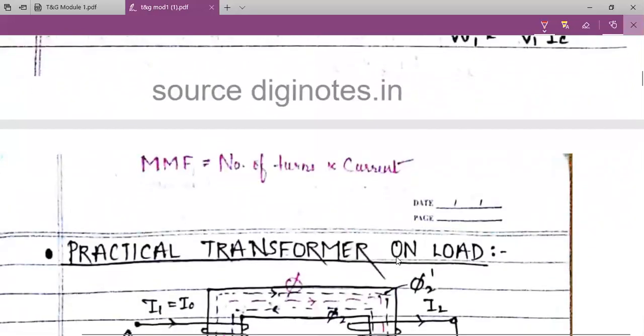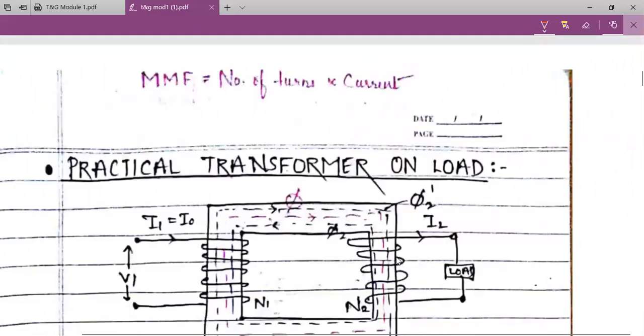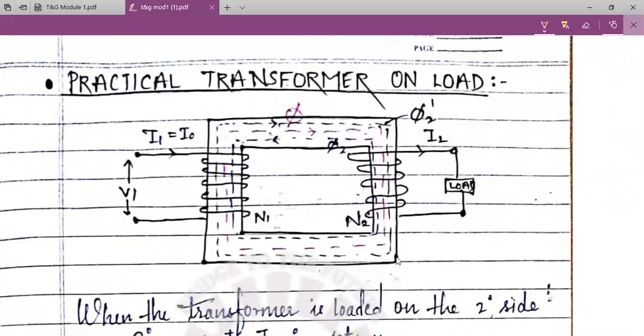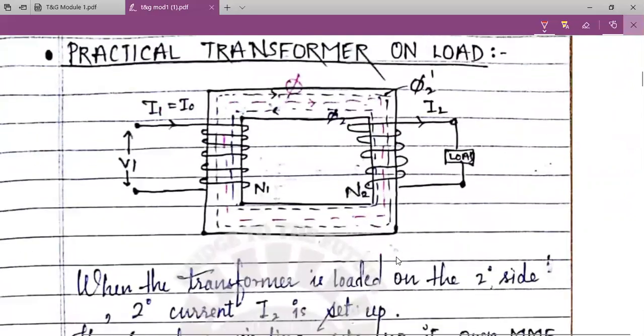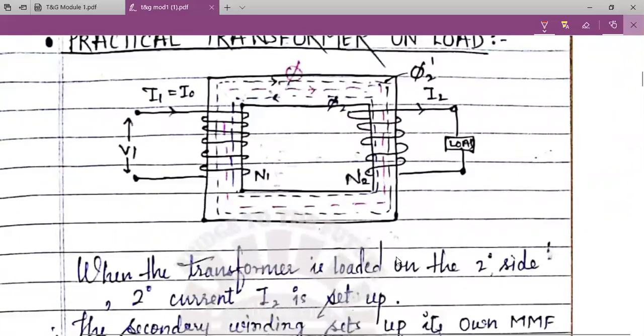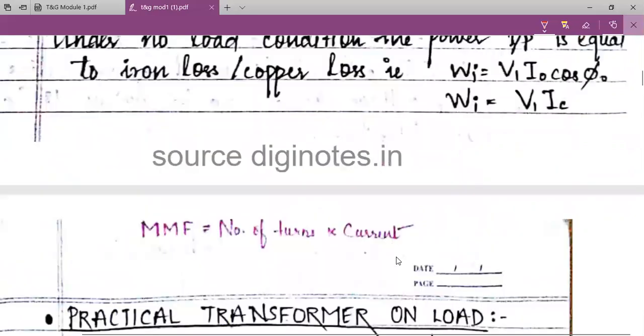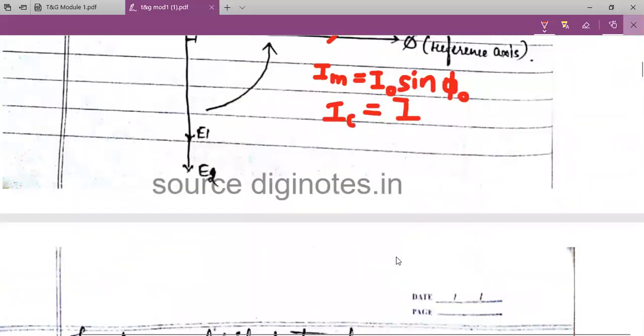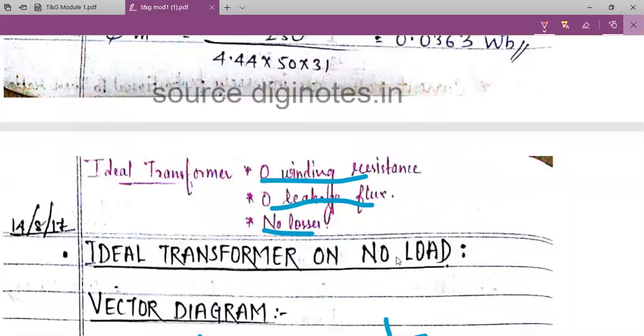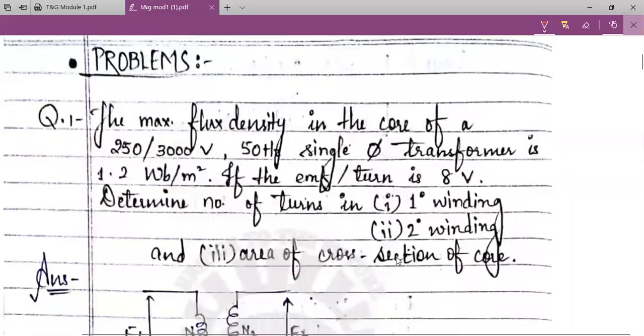So this practical transformer on load we will do in tomorrow's class. For an ideal transformer there is no on load, because an ideal transformer is nothing but no load.